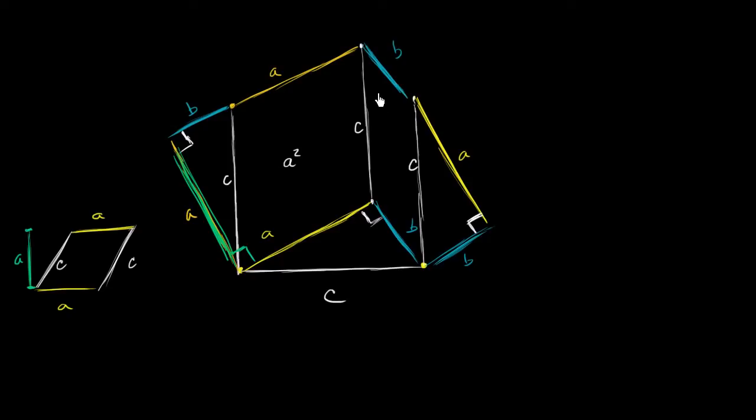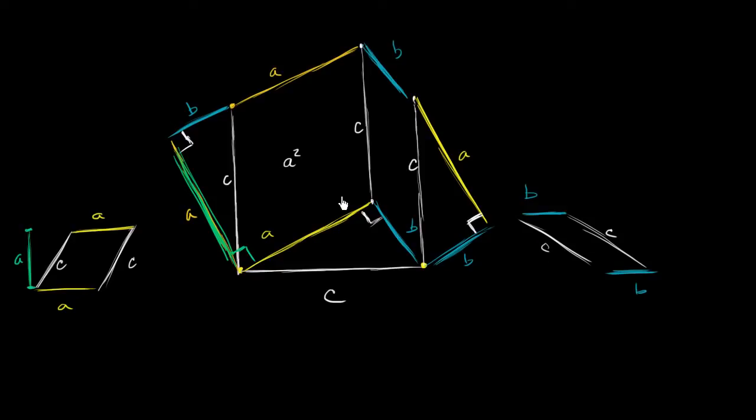Now, what is the area of this parallelogram right over there? What is the area of that parallelogram going to be? Well, once again, to help us visualize it, we can draw it sitting flat. So if this is that side, then you have another side right over here. They both have length B. And you have the sides of length C. So that's C, that's C. What is its height?